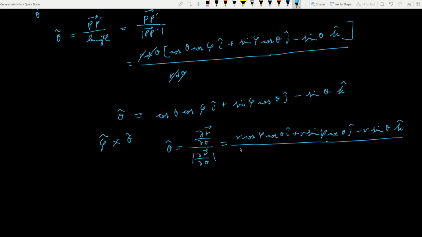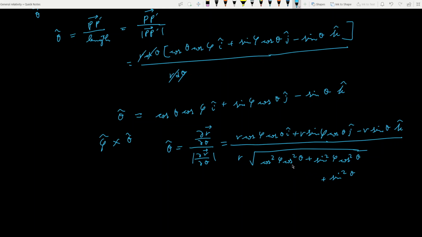Now if we take the modulus of this term right here on the top, we would get r times the square root of cos² φ cos² θ plus sin² φ cos² θ plus sin² θ.